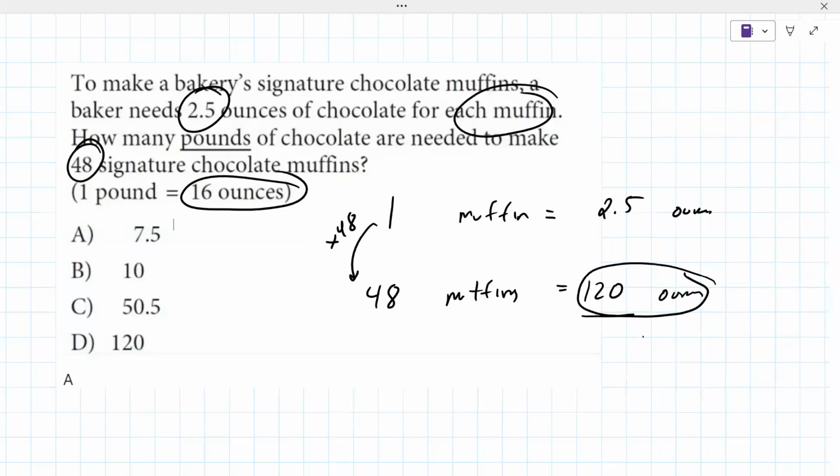Are you going to divide? Yes. Please do that. 7.5, it's A. Yes.